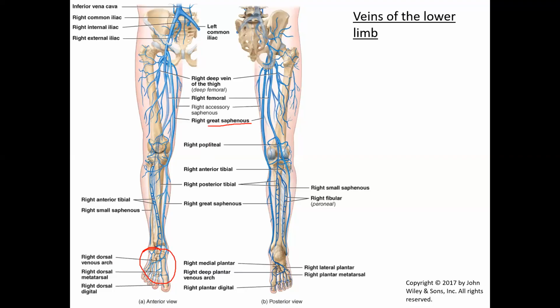Okay, very long vein, and it starts down here. It's going to run anterior to the medial malleolus right there. And it drains a lot of this dorsal surface, superior surface of the foot. It's going to run up along the medial leg, past the knee and medial thigh, and eventually drain into the femoral vein, okay?